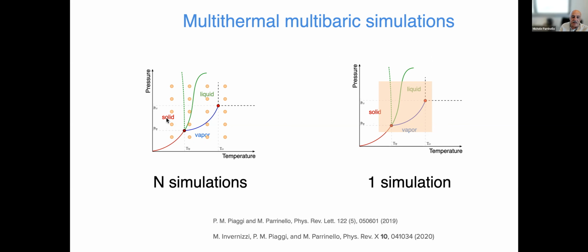So you have a grid of n points, and you have n simulations to perform. Now with this multithermal, multibaric approach, you just do one simulation, and you get all the data in this little square. You want an interval of pressure and an interval of temperature. You sit in the middle, and with this method, you can get information on all this range of pressure and temperature.